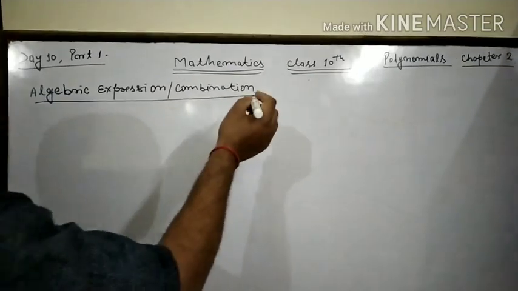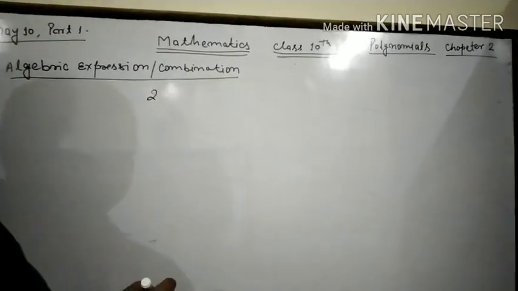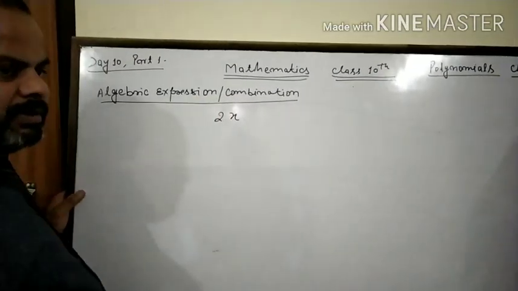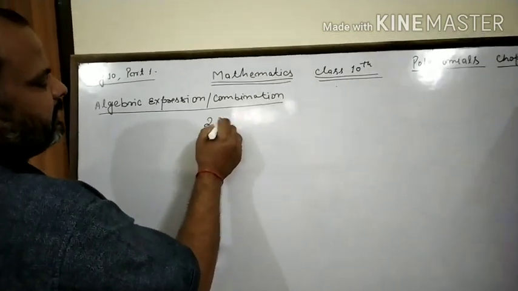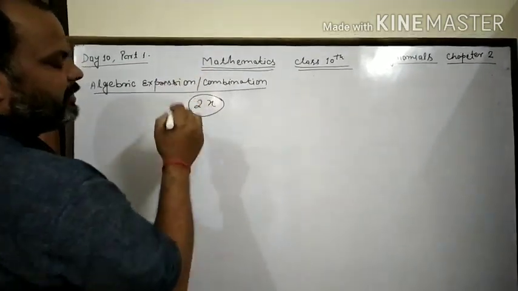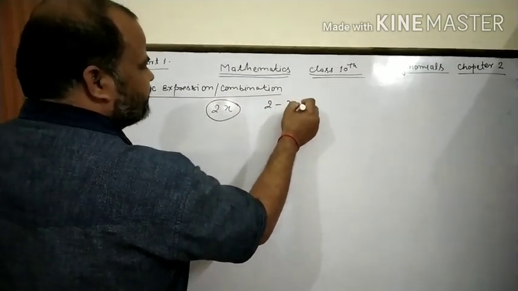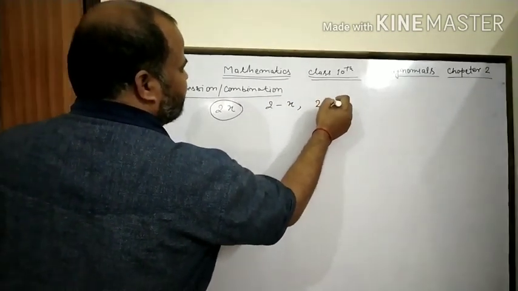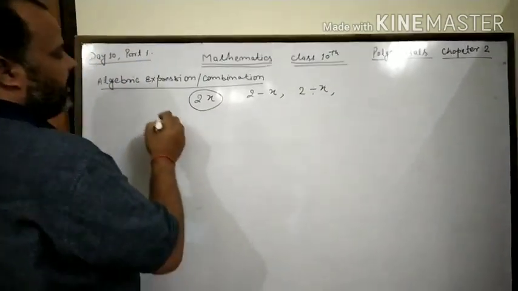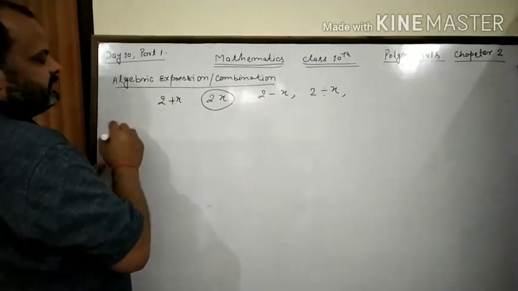when numbers like 2 and letter X combine together, then it is called an algebraic combination. It is combined like 2 minus x, 2 divided by x, or 2 plus x.